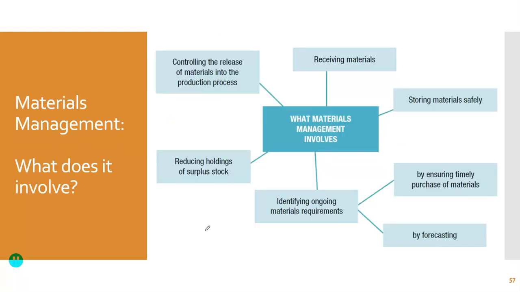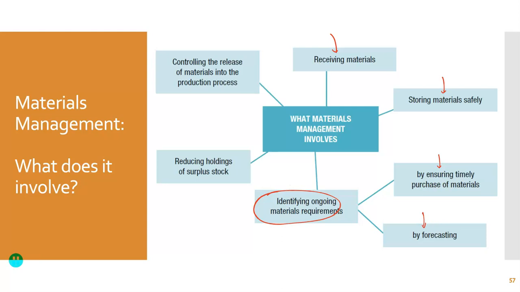And this is why there is often lots to do in materials management, and you might even have heard of inventory managers. That's because materials management involves lots of things. It involves receiving materials, so receiving inputs and managing that, making sure that these materials or inputs are stored safely. We need to make sure that these are purchased in a timely way. We need to do forecasting to ensure that we are identifying the ongoing materials requirements. What do we need?